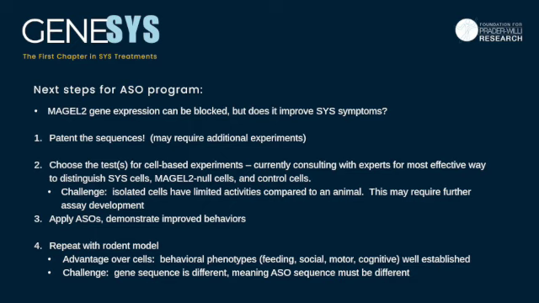This is actually a really good question. I thought that myself at the beginning, but then it occurred to me that the ASO is actually affecting the production of MAGEL2 at a point where you still have the full sequence being transcribed from the gene.